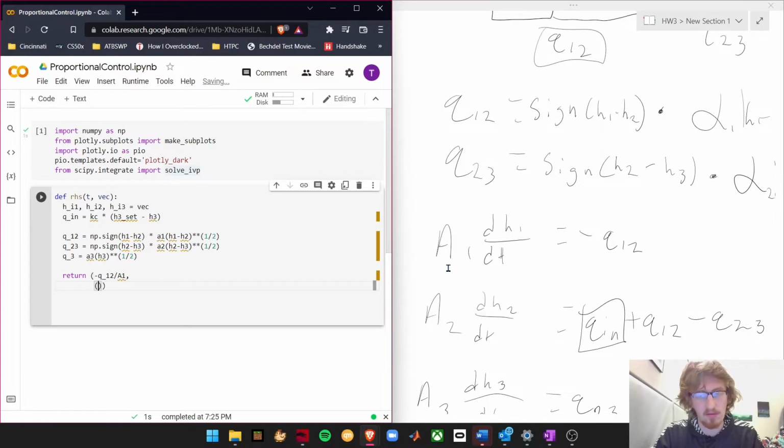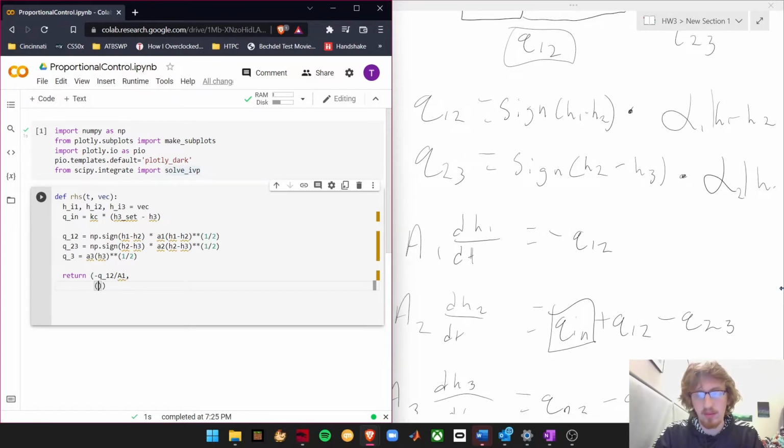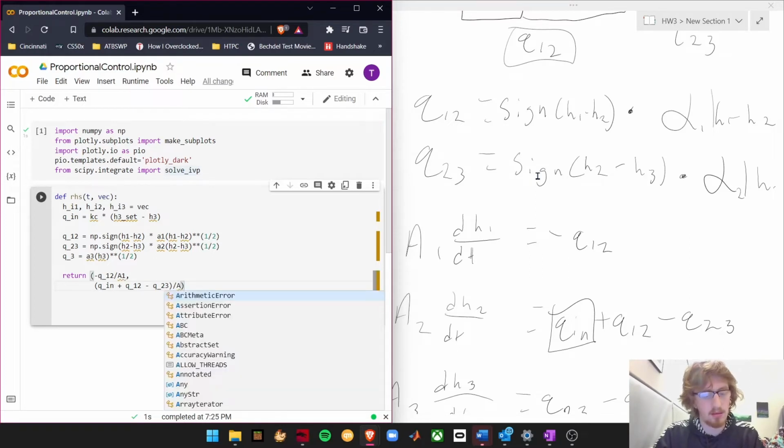We're going to have these three terms, our Qn plus our Q12 minus our Q23. And then all of that is going to be divided by our cross-sectional area of tank 2.